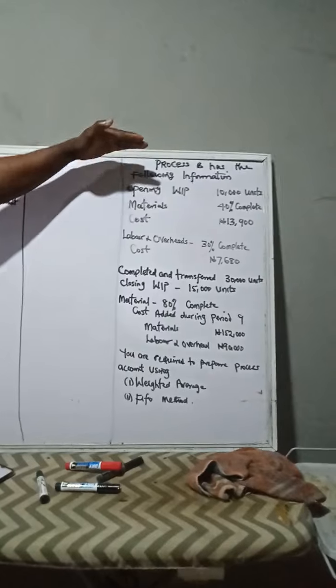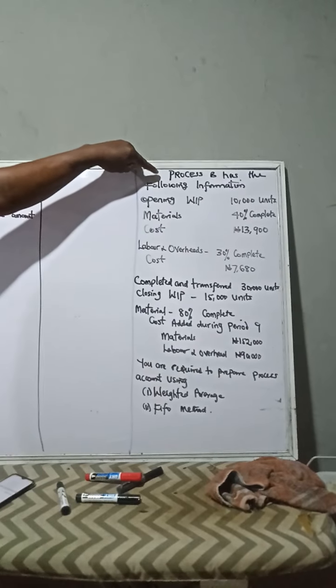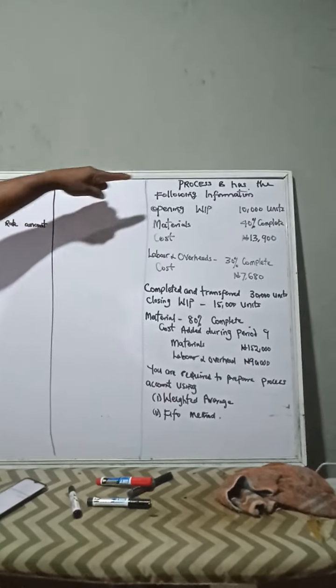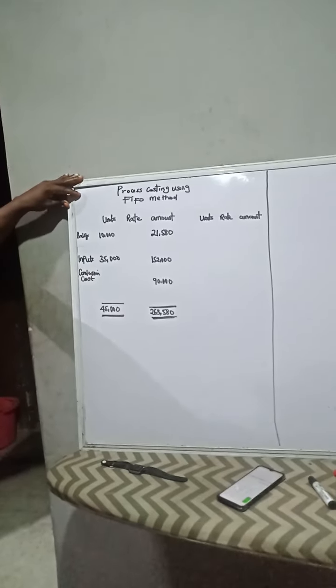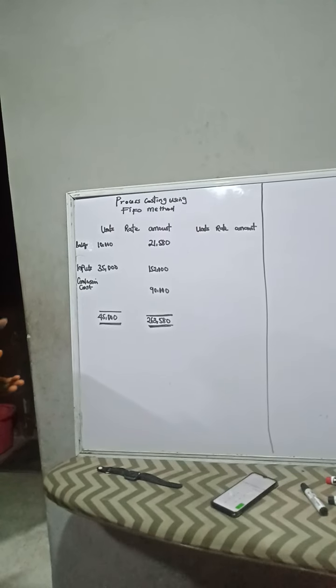So the same question, I have solved weighted average. Now I'm going to use the FIFO method to complete it based on the examiner's requirements in the question. Under the FIFO method, it is similar to weighted average except for one or two differences.